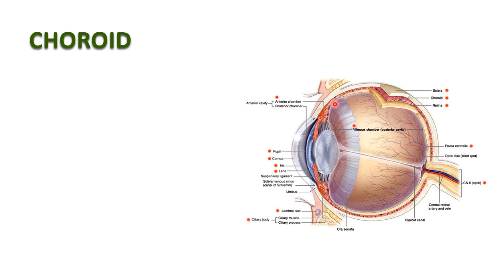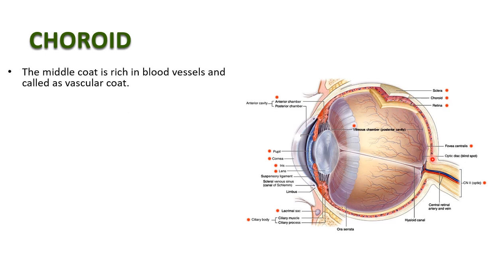Now we are passing on to the next, intermediate tunic, which is called the choroid, the middle coat, which is rich in blood vessels and also called the vascular coat. It consists of blood vessels and pigmented cells, and because of that it is called the uveal tract. Uvea means grape. One place where we come across this is the uvula, which hangs like a bunch of grapes in the soft palate.